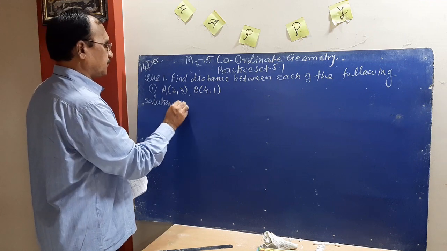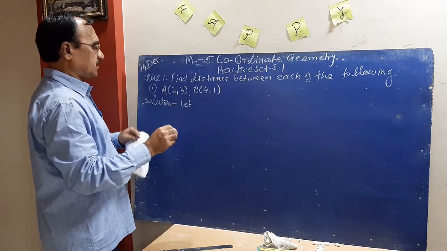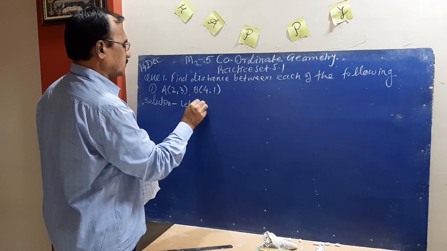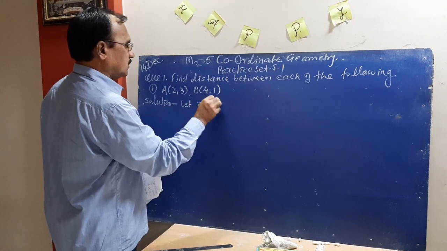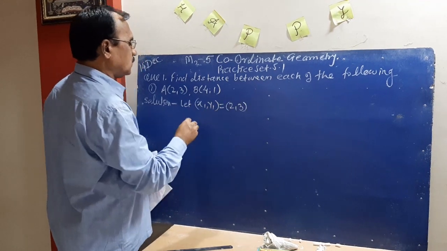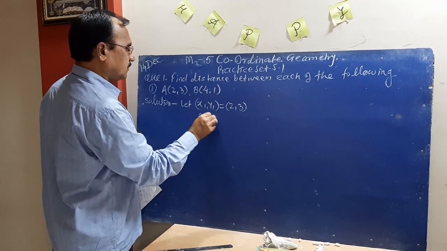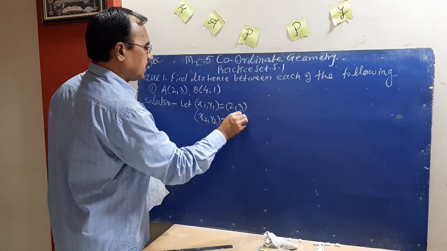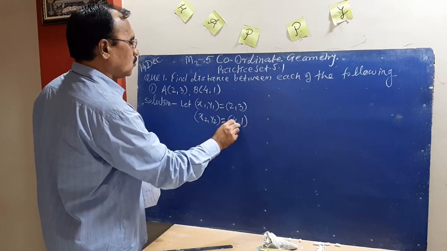Solution. Let (x1, y1) is equal to (2, 3) and (x2, y2) is equal to (4, 1).